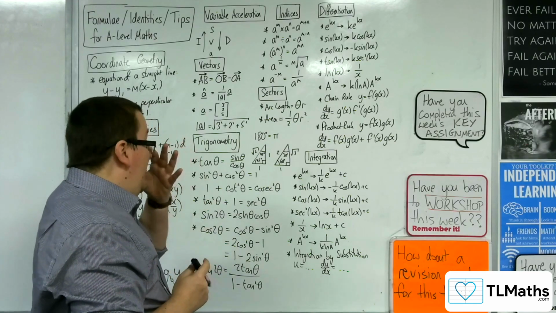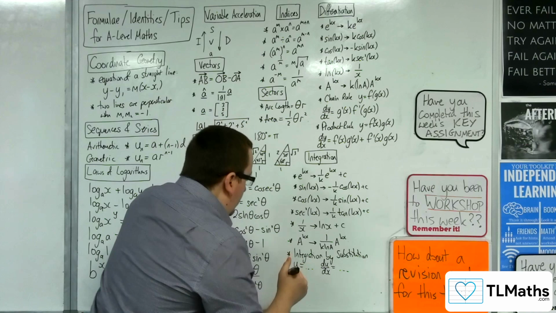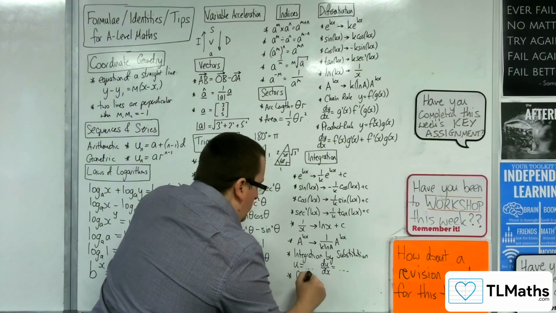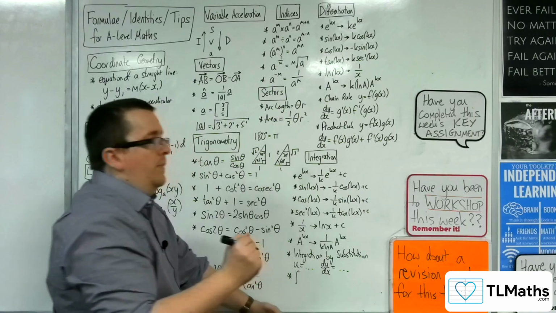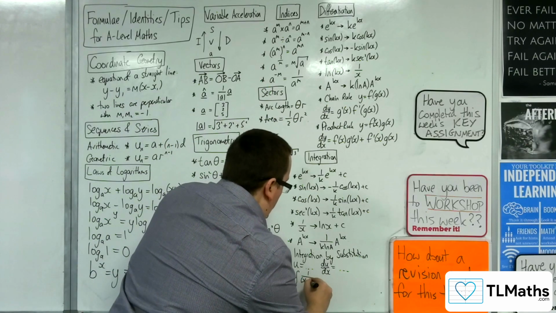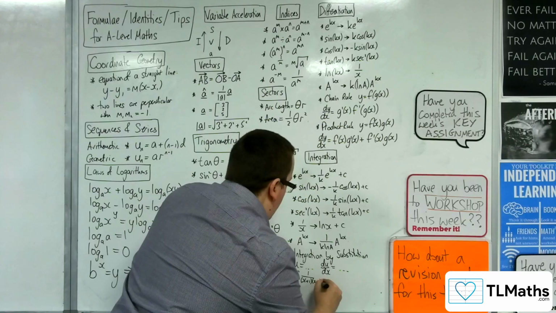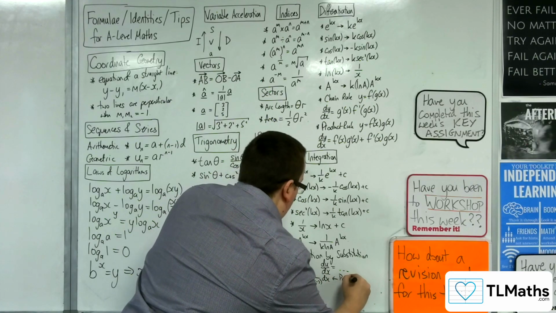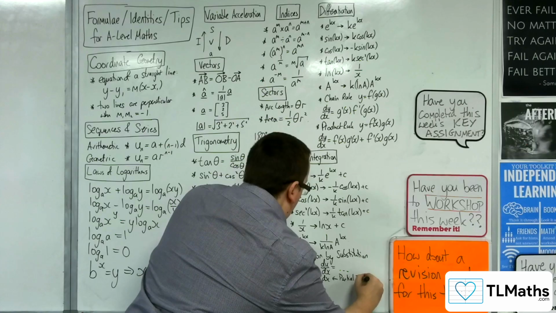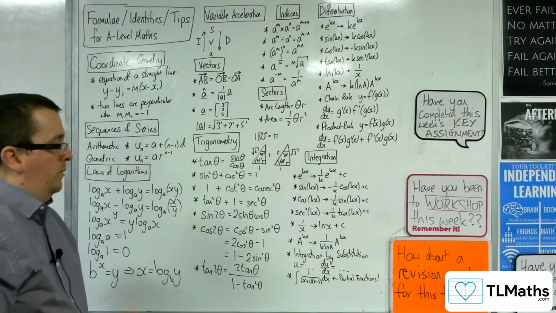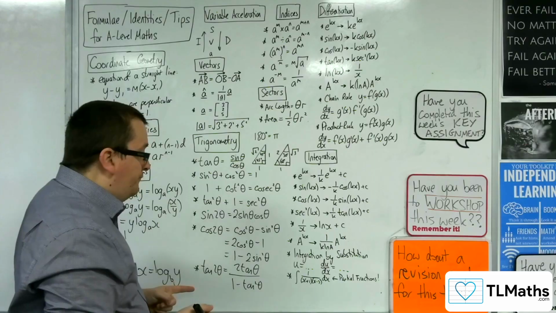I would also make sure that if you come across any integrals that have things like 1 over x plus 1, x minus 3, that's partial fractions. So you need to make sure you know that.